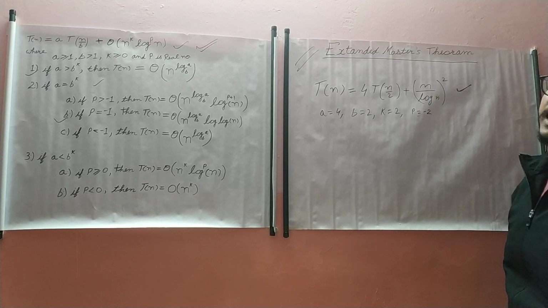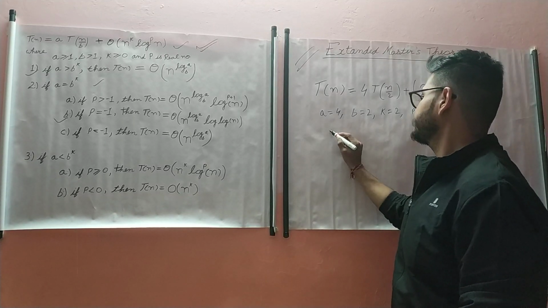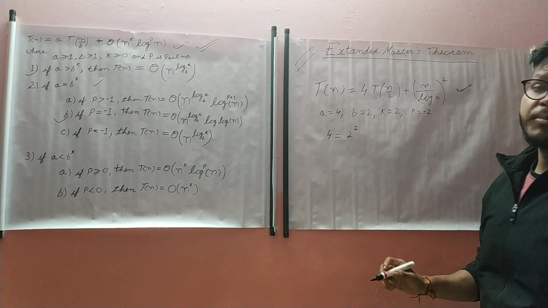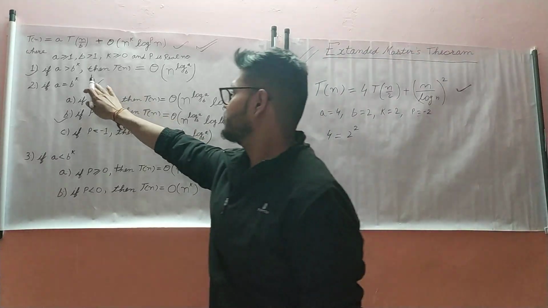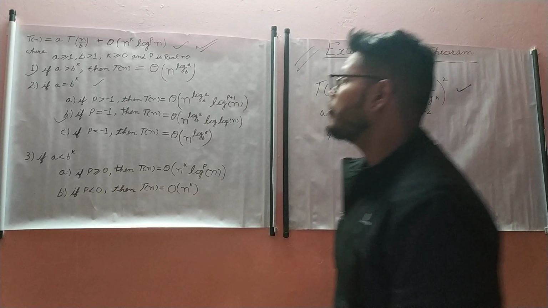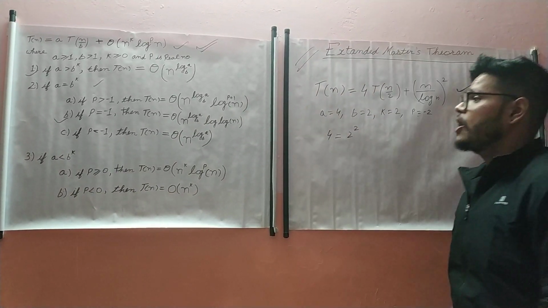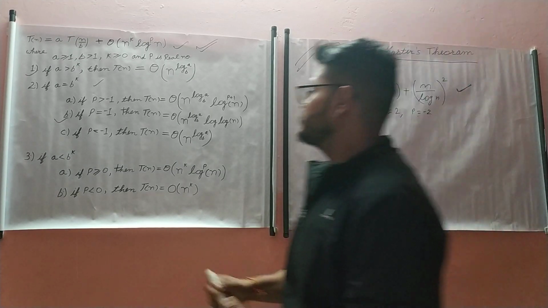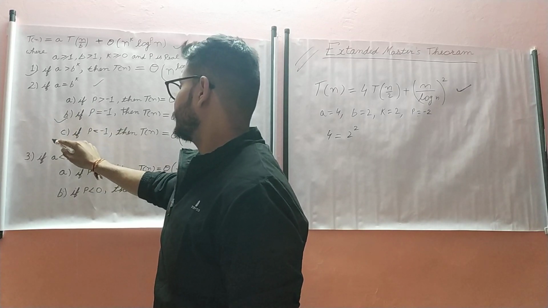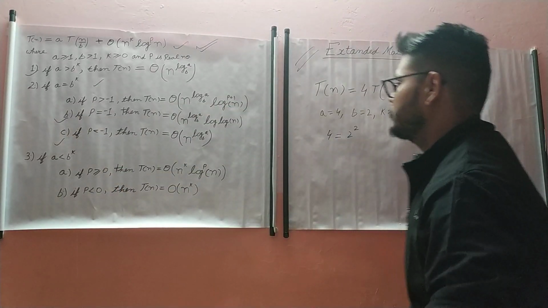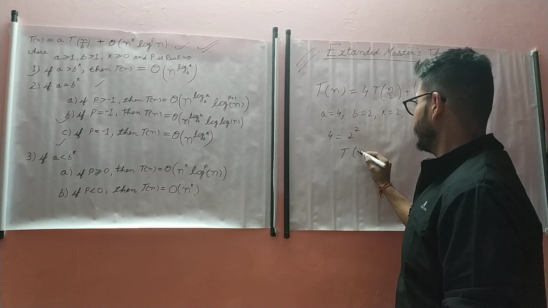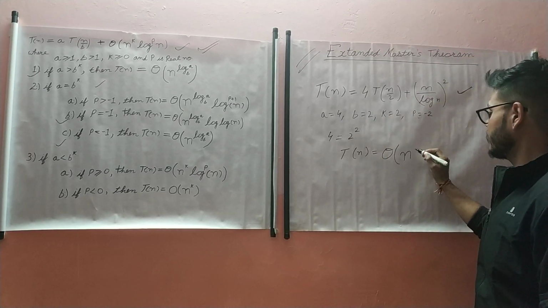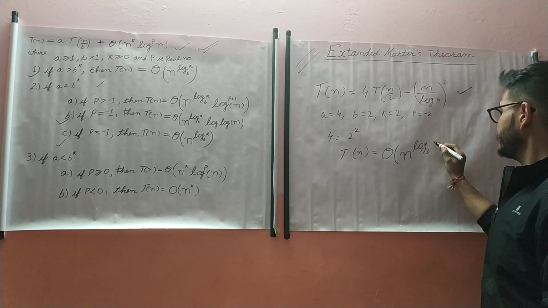Now compare a and b^k. We get a = b^k. Now we will compare the value of p. p is -2, so we go and see this one, case C1. T(n) = theta of n^(log_b a).